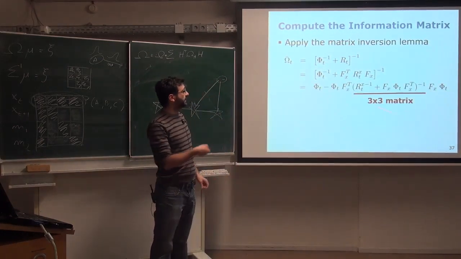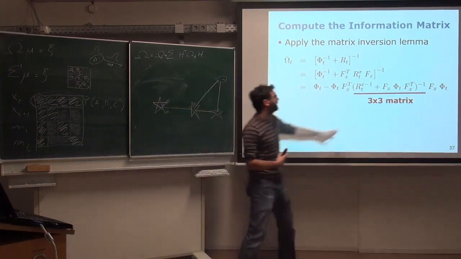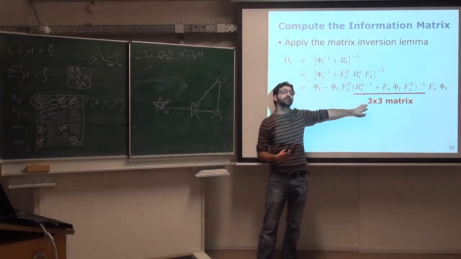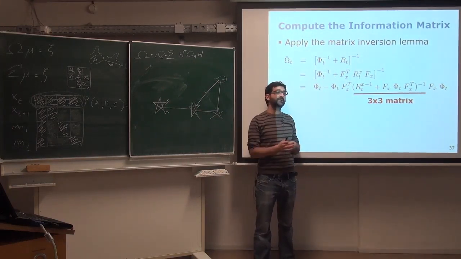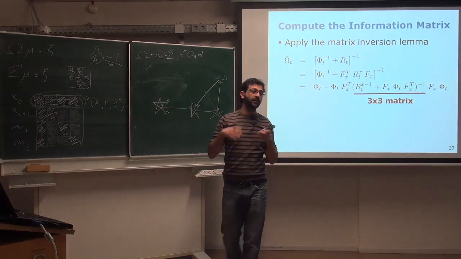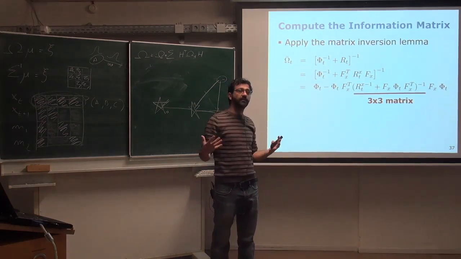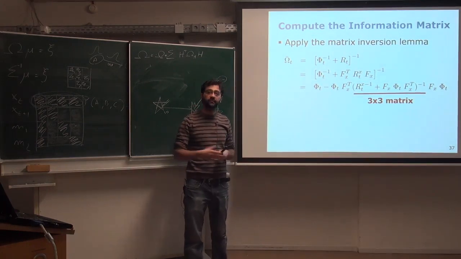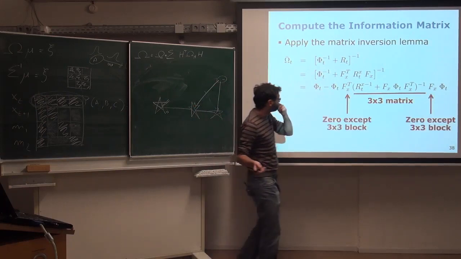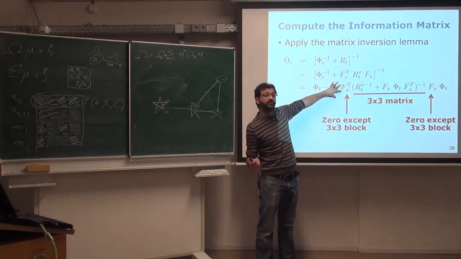If we do it, we end up with a 3x3 matrix here that we need to invert, which is a constant time operation because it's always 3x3 if you are in 2D, or 6x6 if you are in 3D. But anyway, it always depends only on the size of the robot internal parameters. So it does not depend on the map, it does not grow over time. Then we have this matrix here, which is 0, except for a 3x3 block.